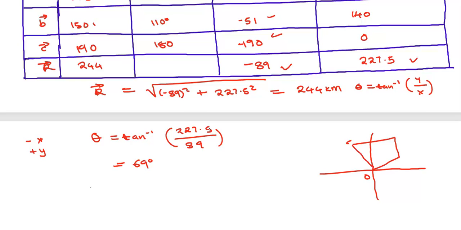So this is the first quadrant, this is the second, this is the third, and this is the fourth. So this is in the second quadrant, and in the second quadrant we subtract the angle from 180. So 180 minus 69, we are going to have 111 degrees as our direction.